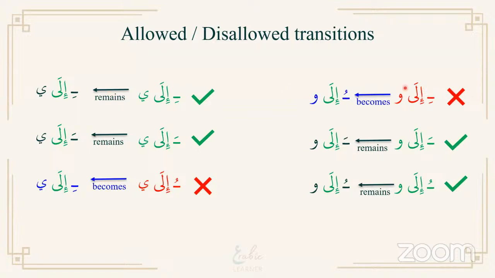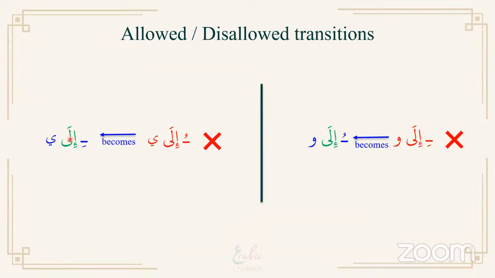You need to look for these two cases, from Kasra to Waw and from Dhamma to Ya. If you find these two situations, then you know what to do. Even if you remember these two situations, that should be sufficient.